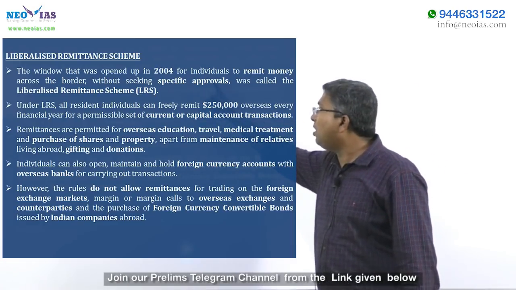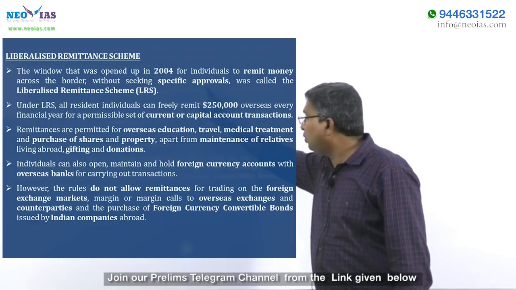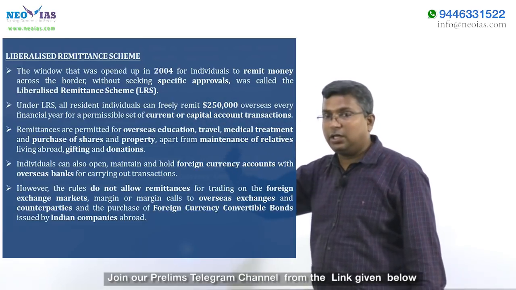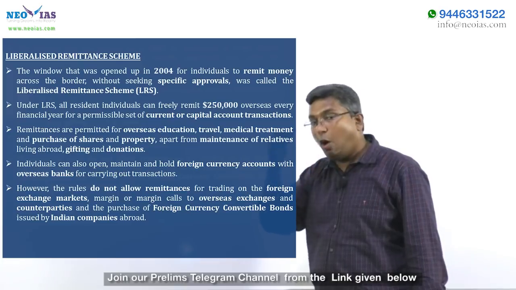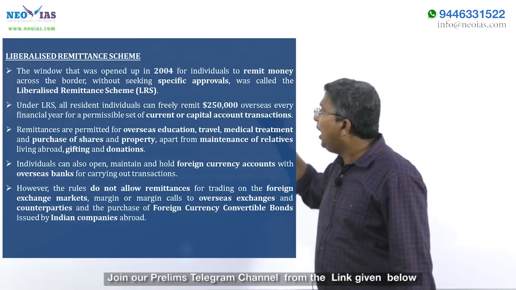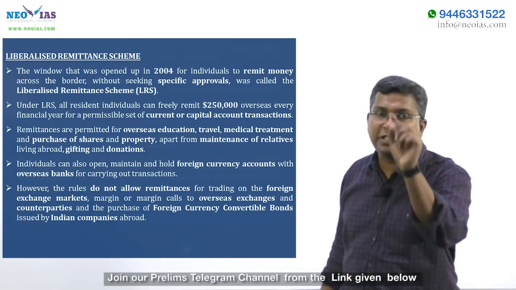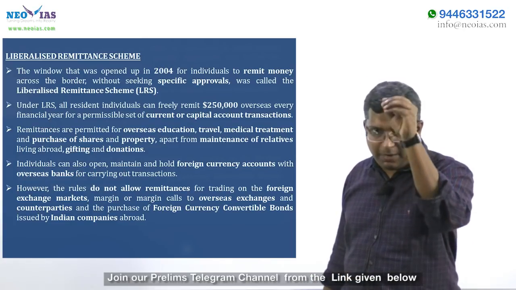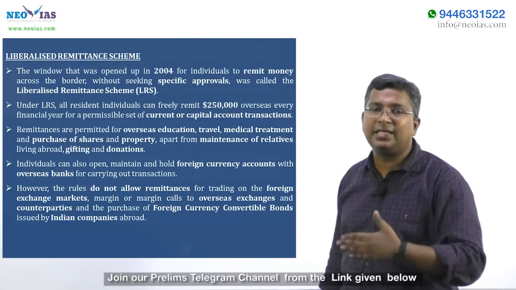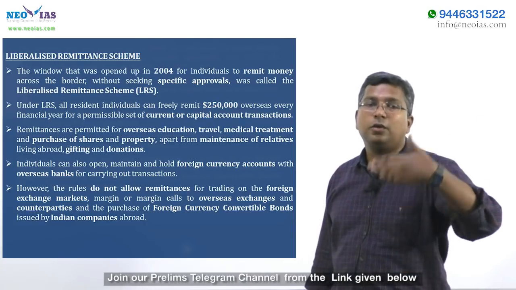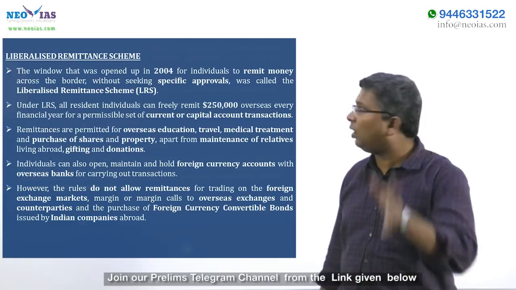So without government approval, $2,50,000 can be transferred outside the country by all resident individuals for every financial year. So this limit is for a financial year. In a particular financial year, all resident individuals can transfer foreign currency of the value of $2,50,000.